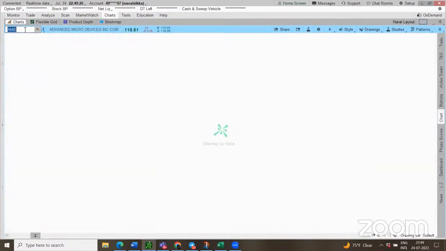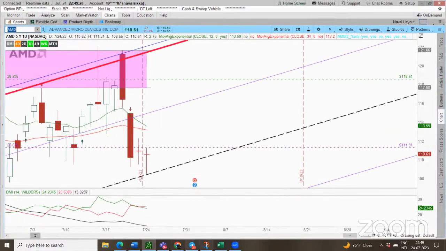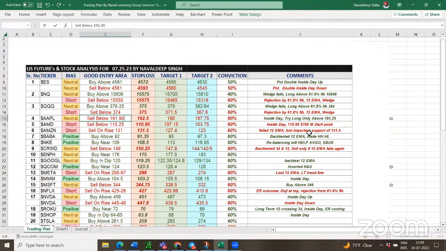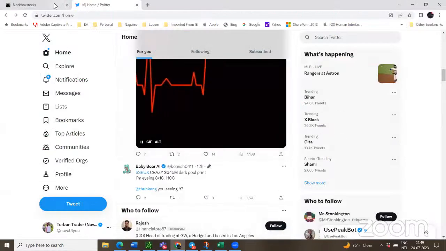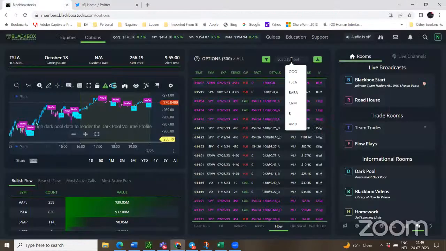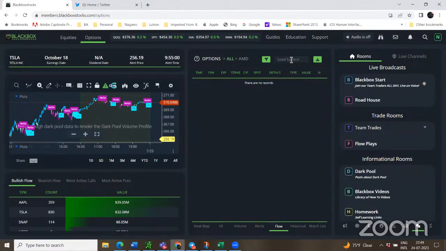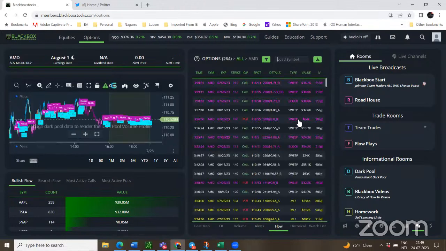AMD. Yesterday I showed you about 170 million of dark pool, and today you saw it was not able to cross 110.95. It tried multiple times. Let's see if we have any flow on AMD. So AMD is right here.